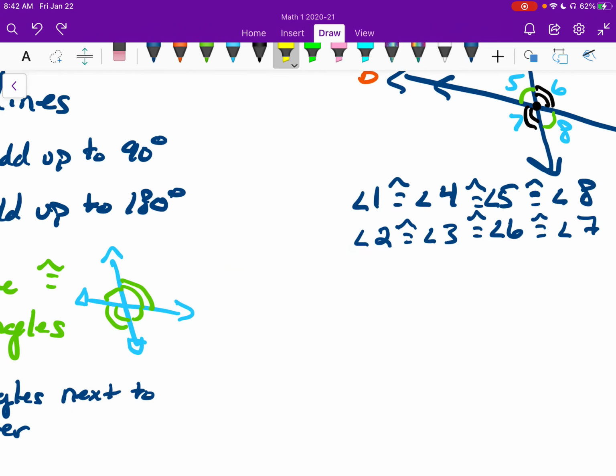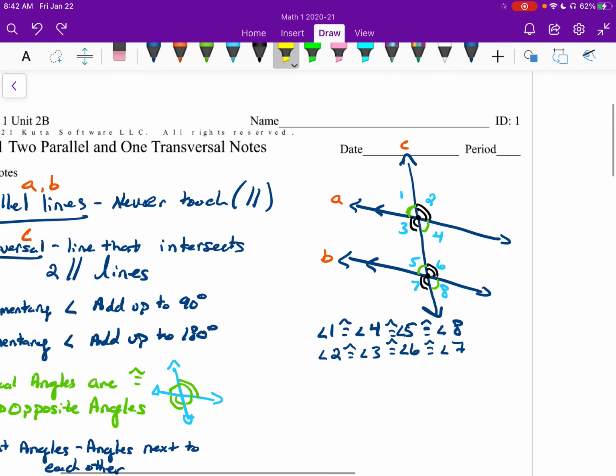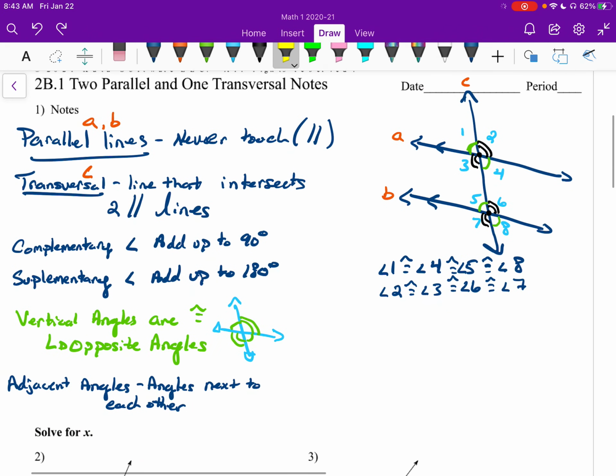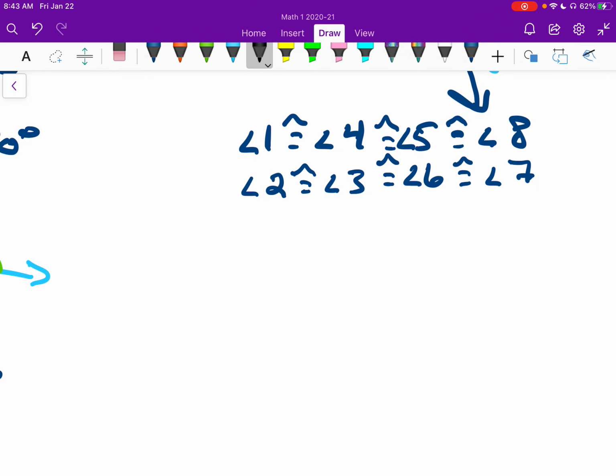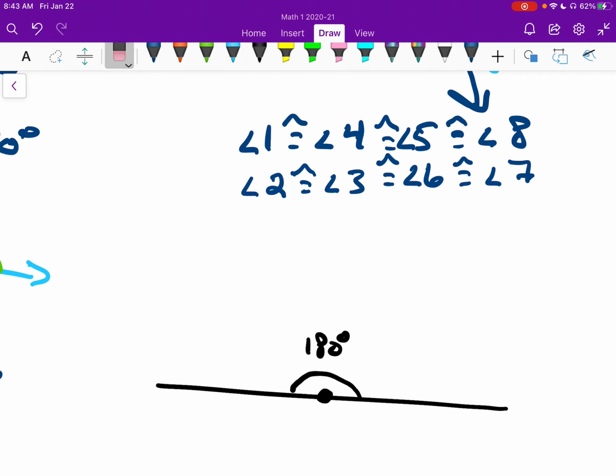Now, let's also talk about complementary and supplementary angles. We're going to focus on supplementary angles here. Supplementary means they add up to 180 degrees. Now you might know that a straight line is 180 degrees. So here, if I draw a line down here, then here's my point. This angle is a 180 degree angle. Let me erase this for a second.